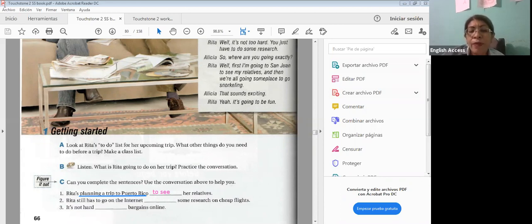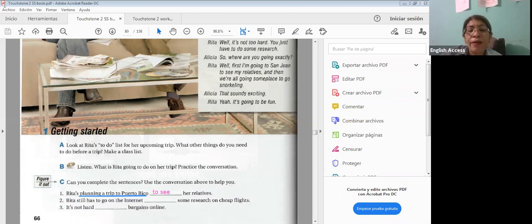For example, number 1, the activity is planning a trip to Puerto Rico, okay? The reason why she's planning a trip is because she wants to see her relatives. So we have the activity, planning a trip to Puerto Rico, and the reason, to see her relatives. Number 2, we have another activity, go on the internet.